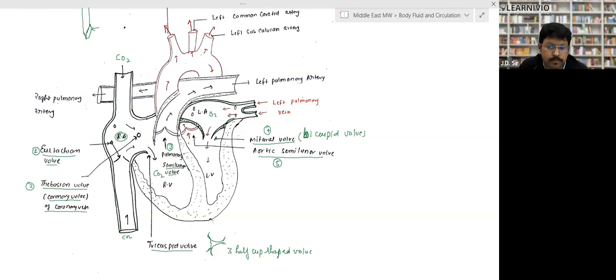Full stop. It is guarded by the Thebesian valve or coronary valve, which prevents backflow. Full stop.